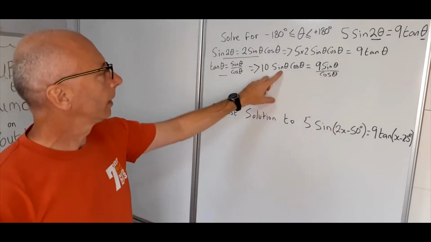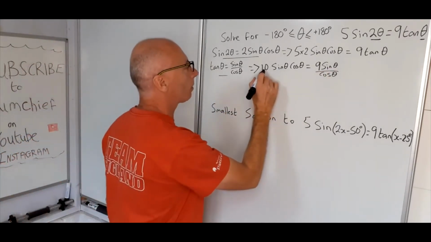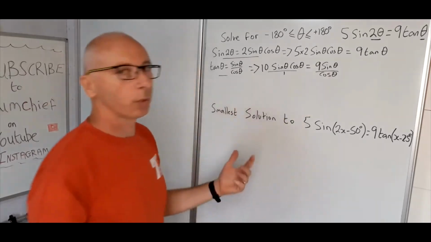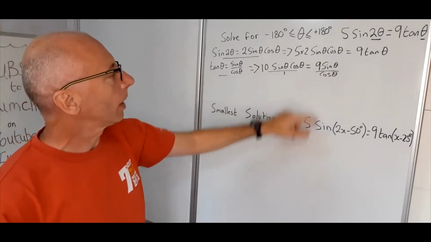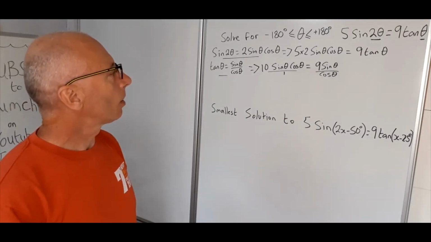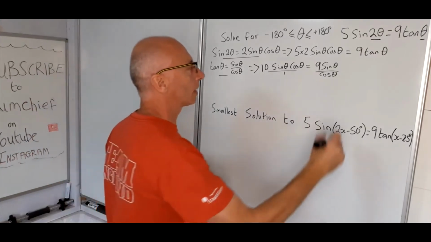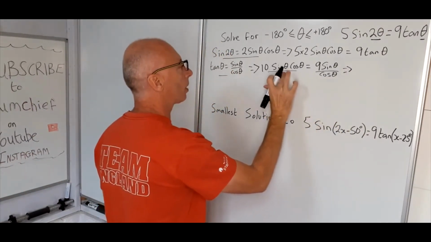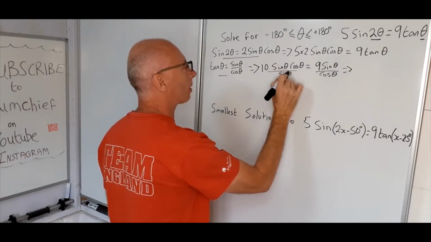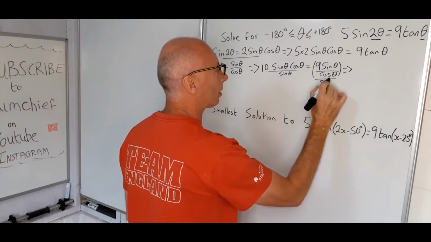Okay, so we've got sine thetas in the numerators, because we could effectively put a 1 here if we like, and a cosine theta in the top and the denominator here. So we could divide both sides by sine theta.